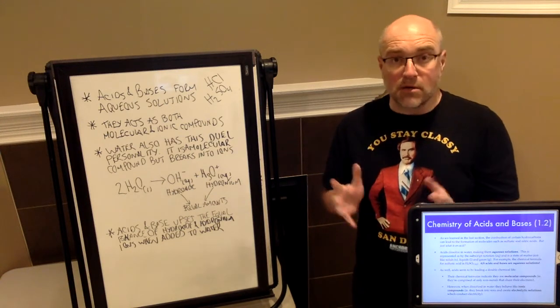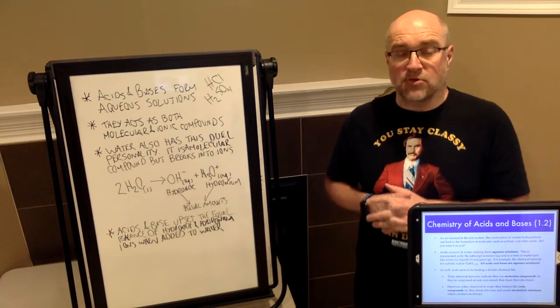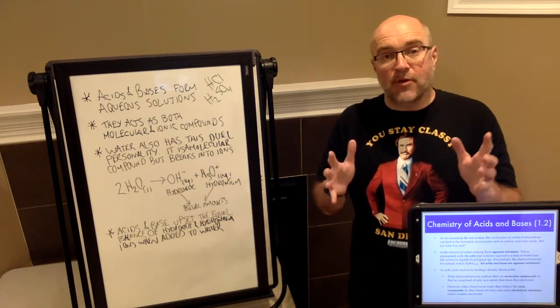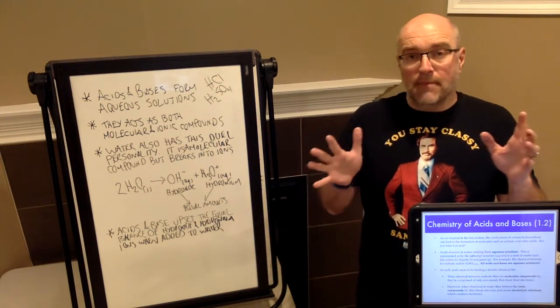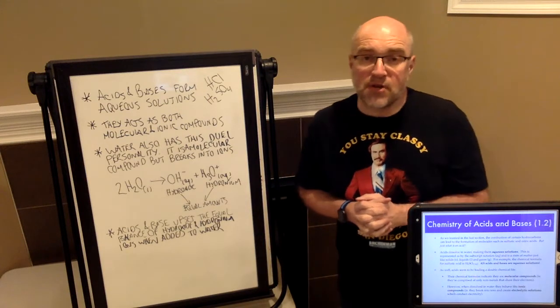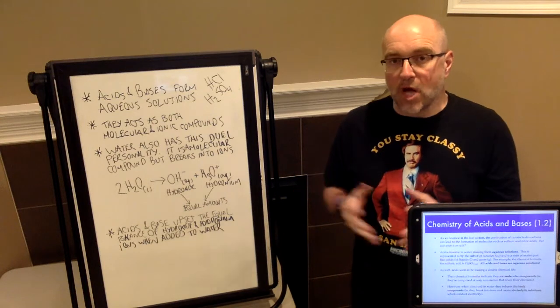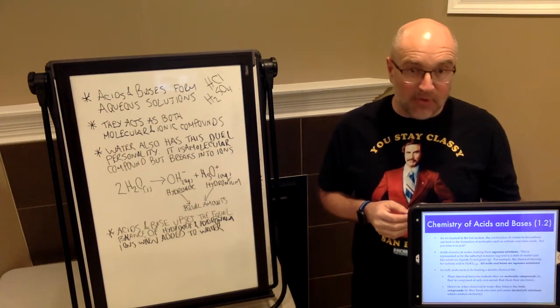They are molecular, but they can dissociate into ions, which makes them very much like ionic compounds. And we know that ionic compounds, when you dissolve them in water, conduct electricity. Both acids and bases are able to conduct electricity, which is not normally something that a molecular compound can do. So kind of unusual in that respect.